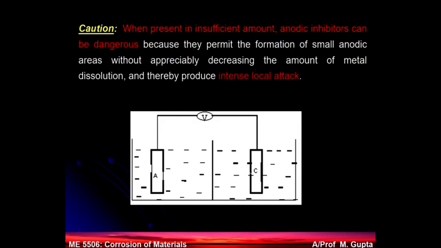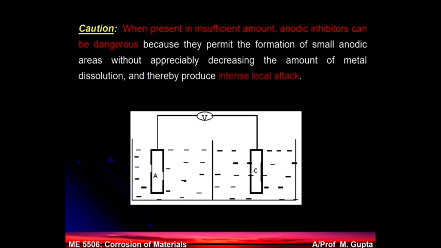Now what you see here is that the inhibitor works by making a coating on the structure that you want to protect. Anodic inhibitor makes a coating on the anode. As long as the coating is there, there is absolutely minimal or no corrosion. They are very effective. They mask the whole surface of the anode.